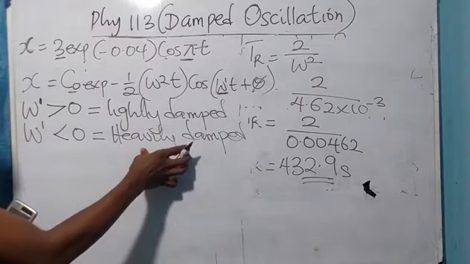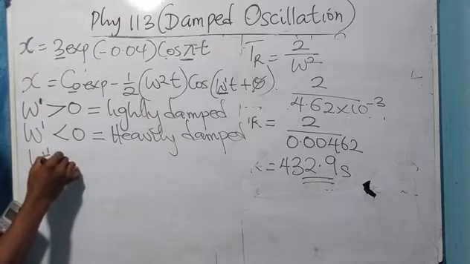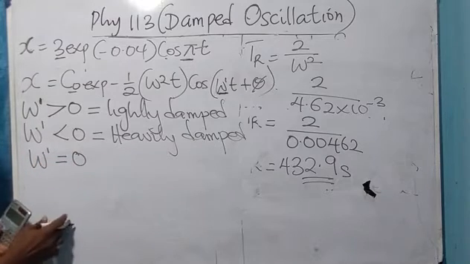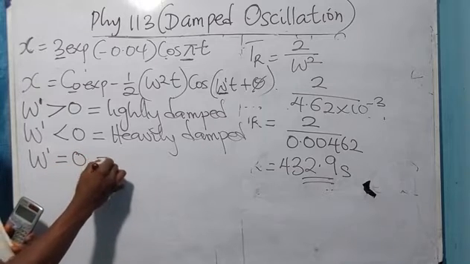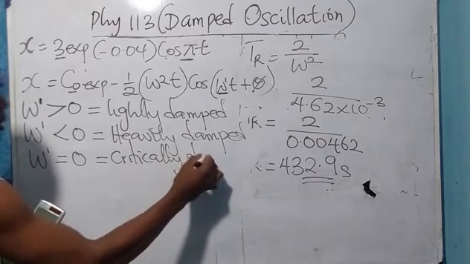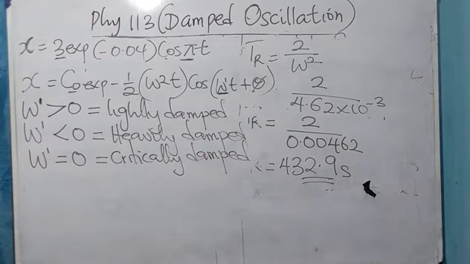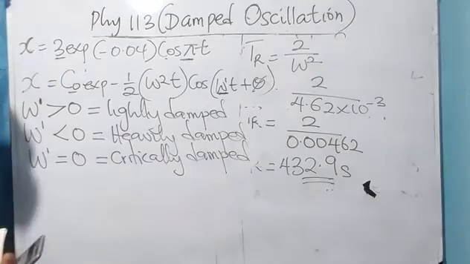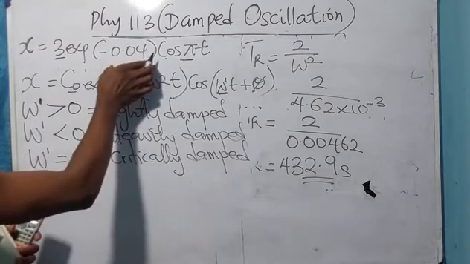This one is negative and this one is positive. But when the angular frequency equals 0, you say it is critically damped. I gave us all of these in our previous class. So they are asking what nature of damped system is found in this question.